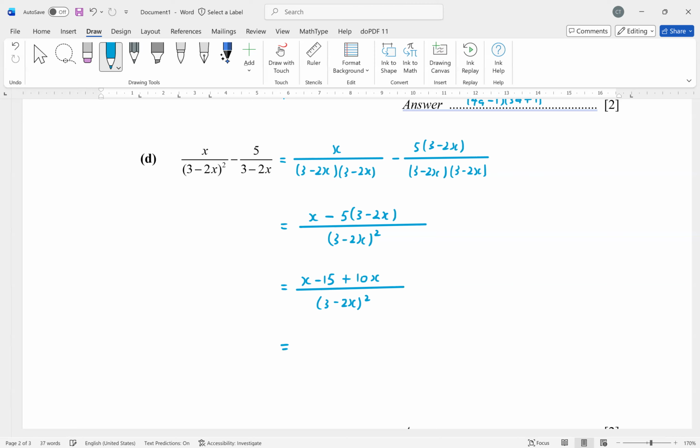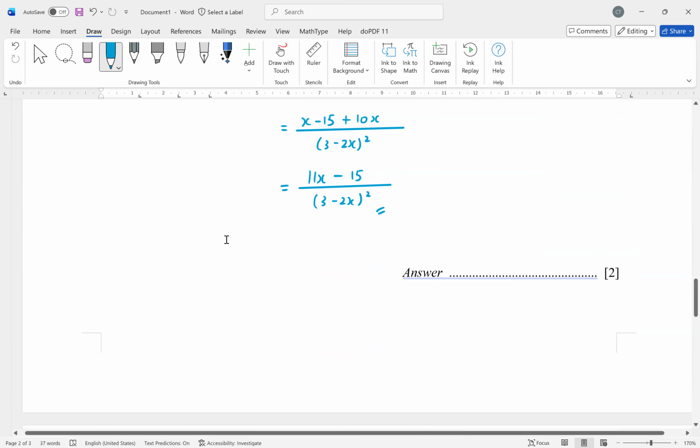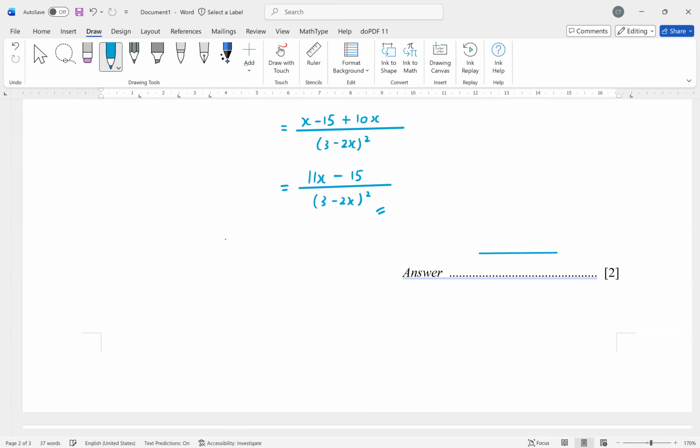Now we will have 11x minus 15. So this will be the answer. Let's write it down in the answer space.